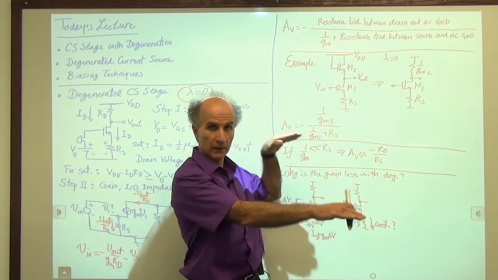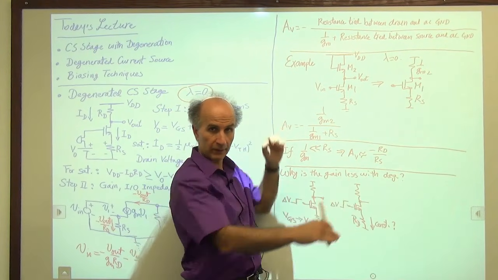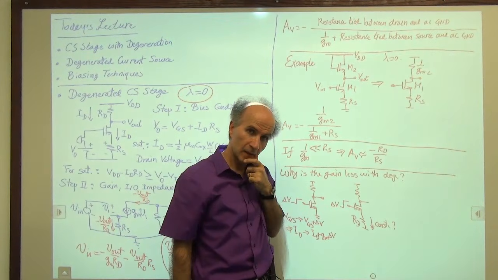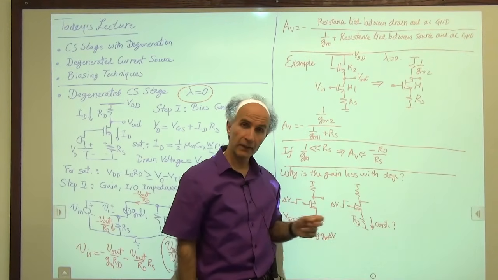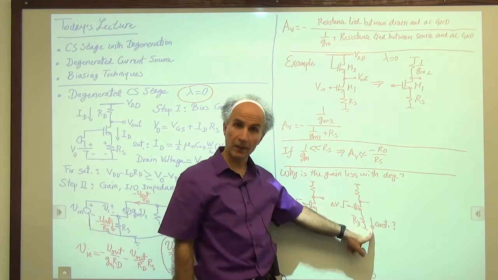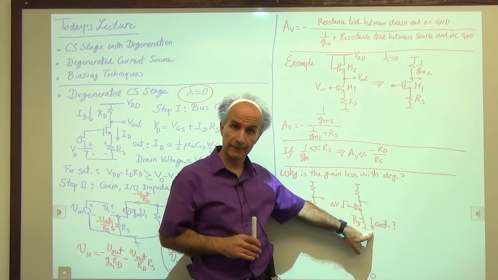The source is fixed. The gate goes up by delta V, so VGS goes up by delta V. But if VGS goes up by delta V, shouldn't the current through the device increase? Yes. Then this current cannot be constant. So right there, we have a contradiction.